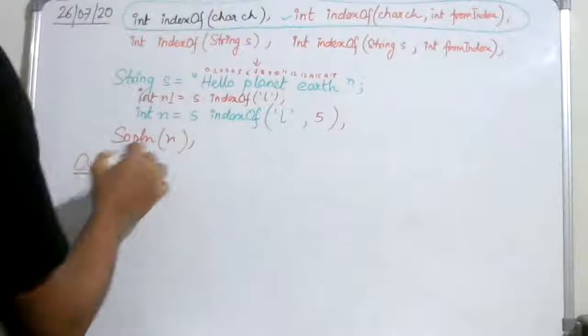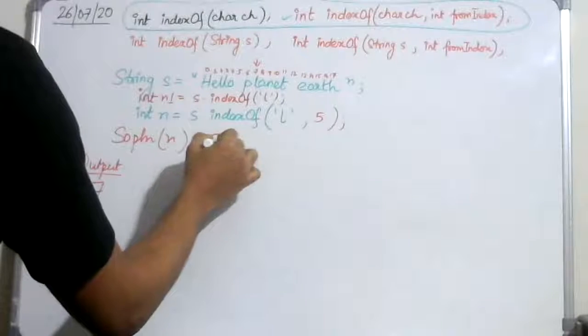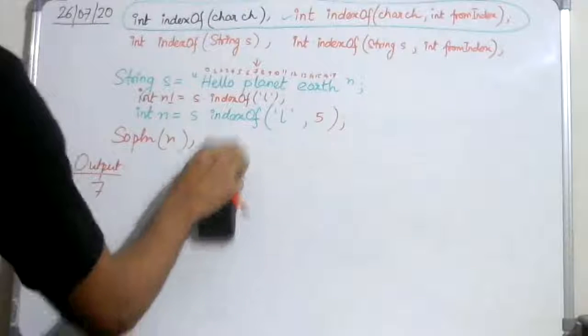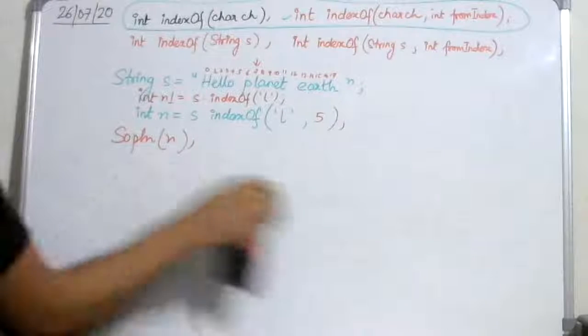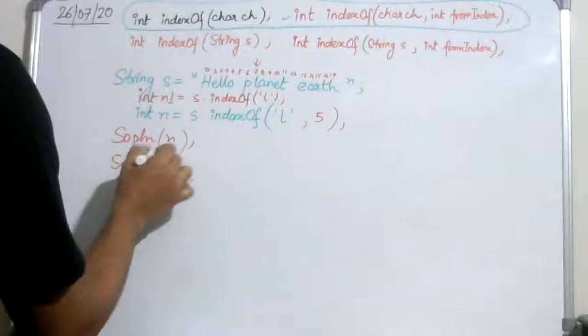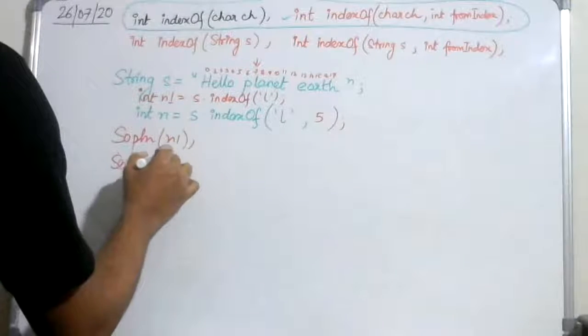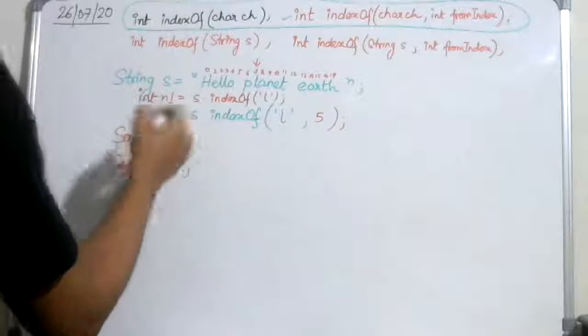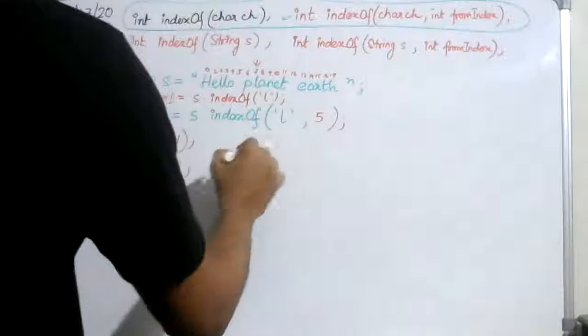In this case, if I do SOPLN n1 and then n, my output will be something like this.